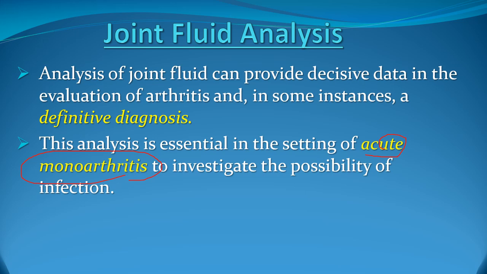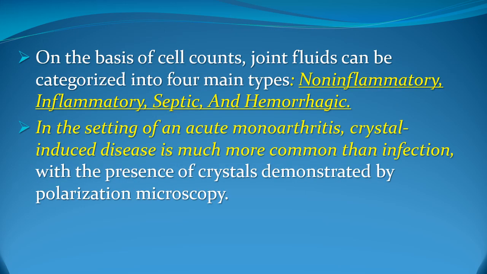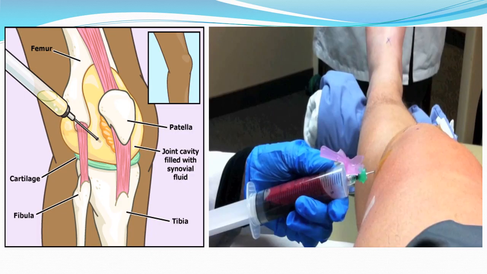Acute monoarthritis has specific causes, and one of the very important diagnostic tools in the laboratory assessment of acute monoarthritis, which is acute inflammation of one single joint, is to aspirate this fluid and subject it to analysis. And according to the nature of the aspirated fluid, we divide it into non-inflammatory, inflammatory, septic, and hemorrhagic effusion.